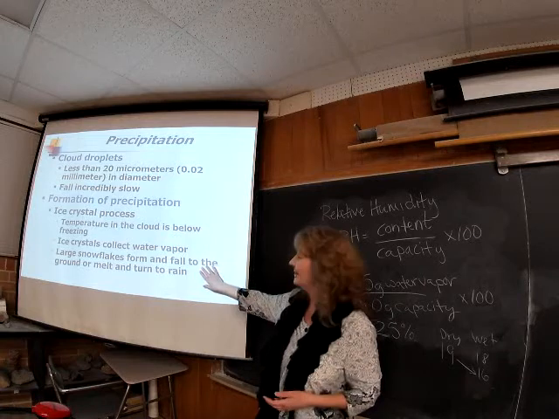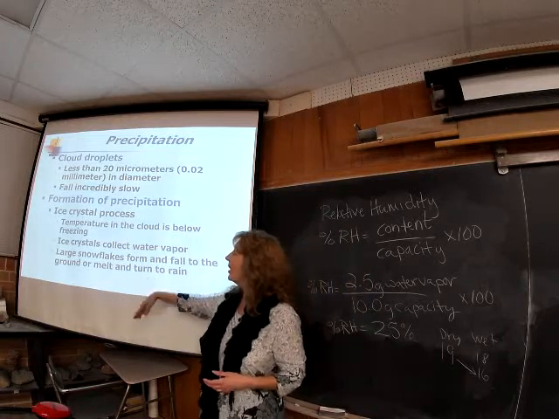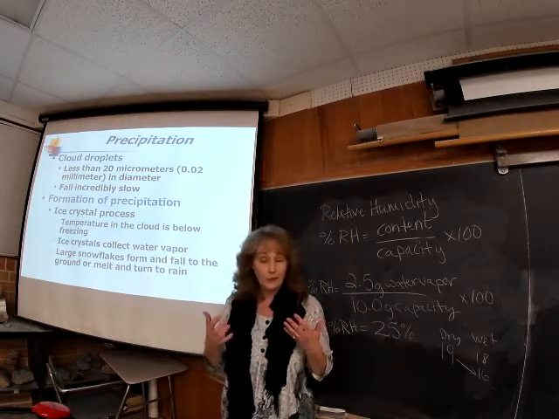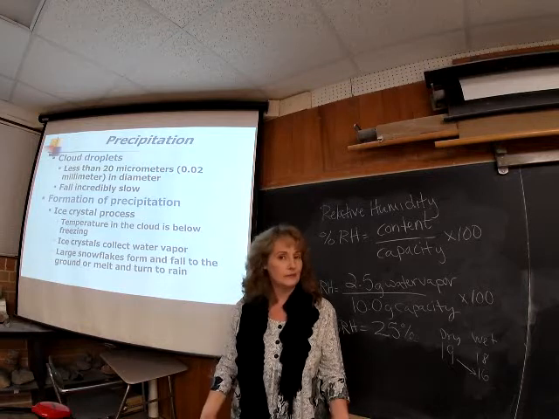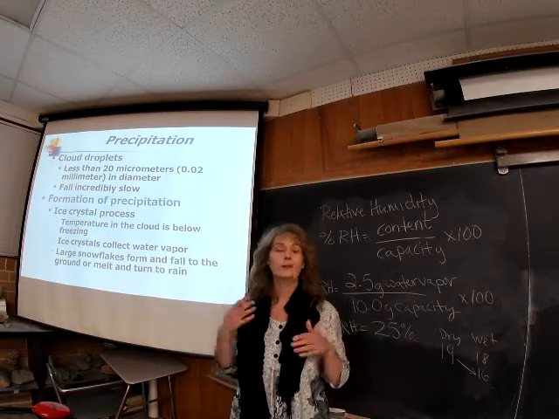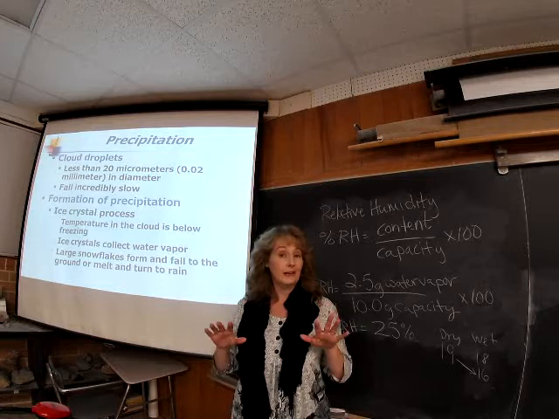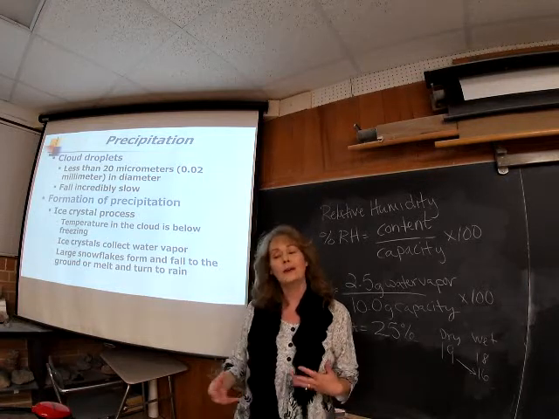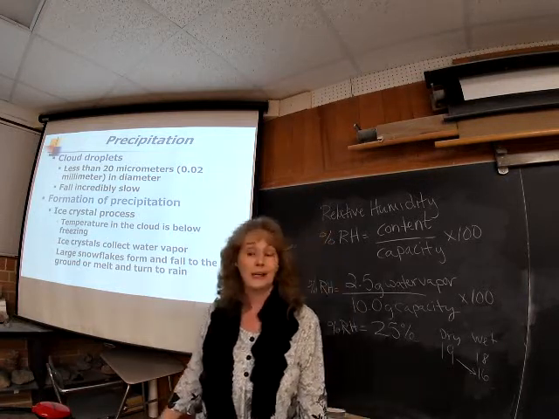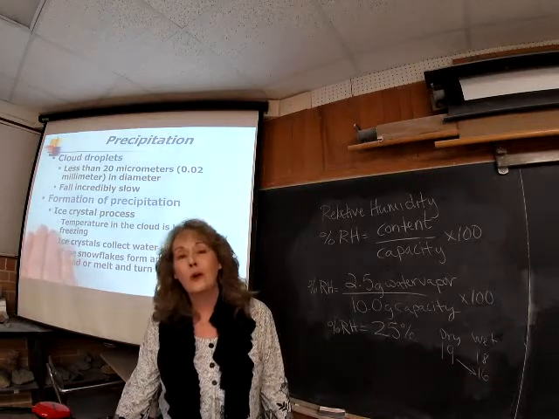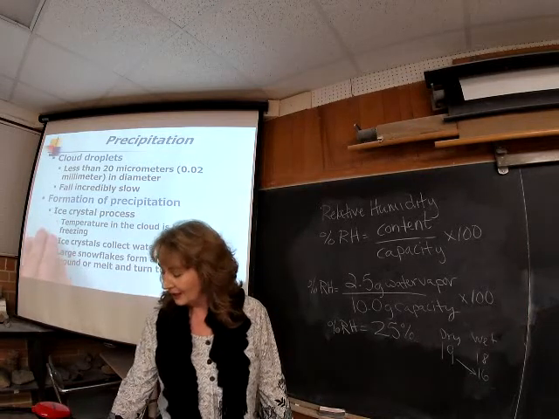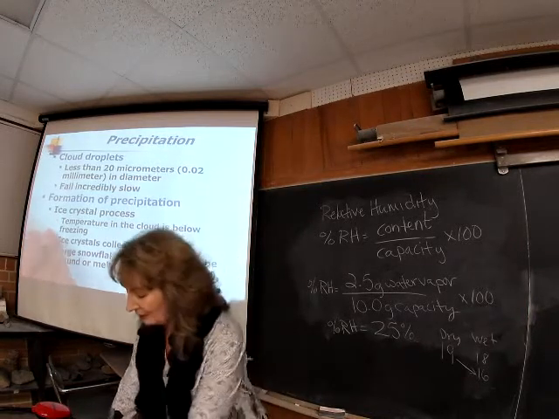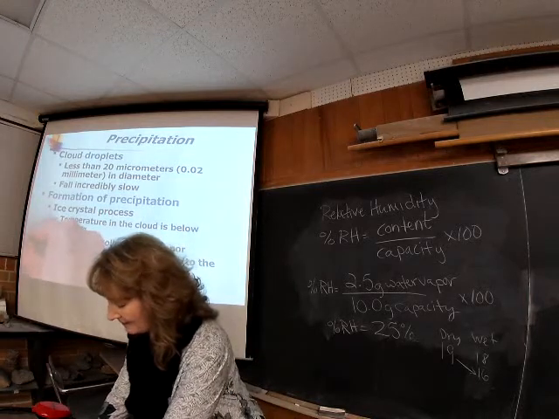When they get heavy enough, they will fall to the ground, or they could actually melt on the way down and become rain. So they might start out as ice particles, snow particles, but then as the temperature changes, they may melt and come to the ground as rain. They call that the cold cloud formation of precipitation. That could be one scenario we might have.